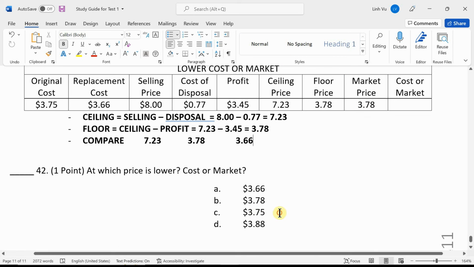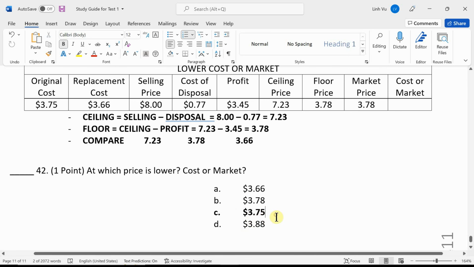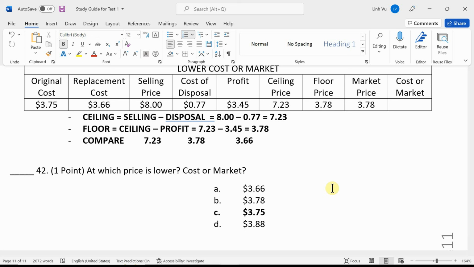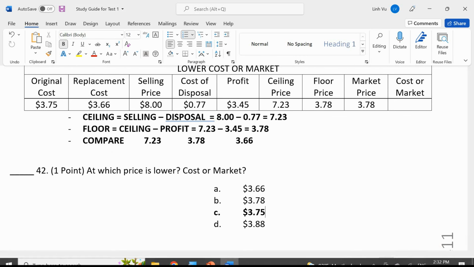Original cost, yes. So that's why it's very tricky, you have to pay very close attention. Because 75 cents and 78 cents might trick your mind and make you say, oh, 78 is lower. But in reality, it's 3.75. Okay. Good job.